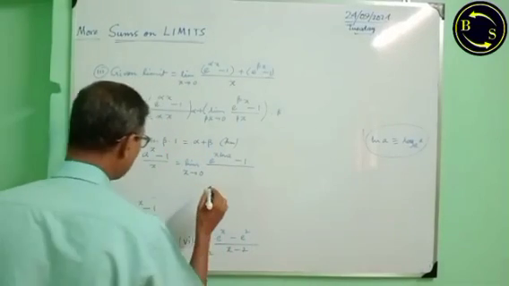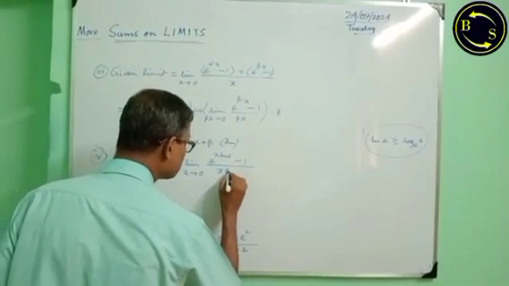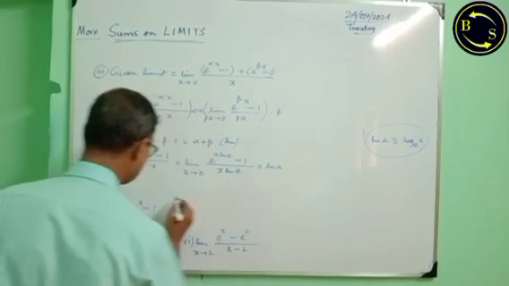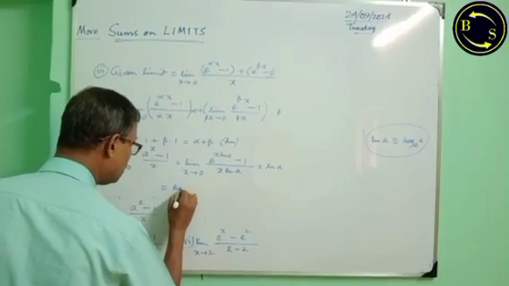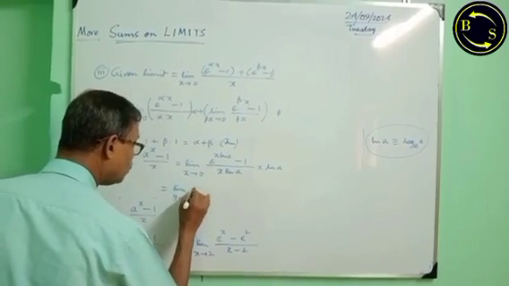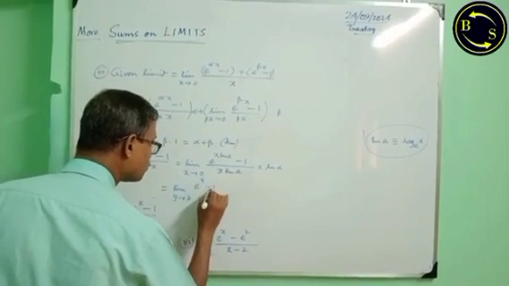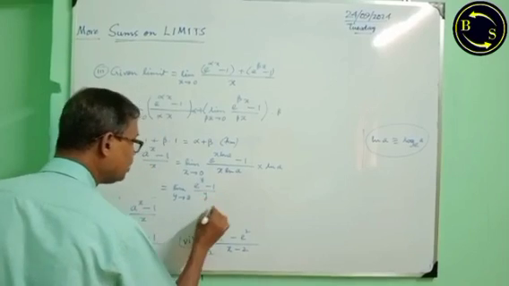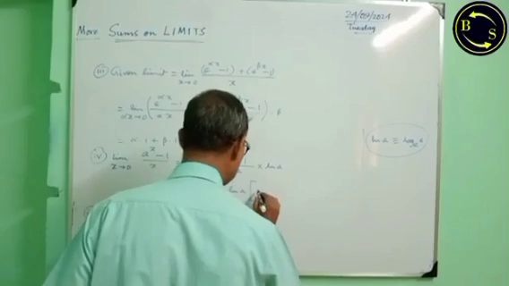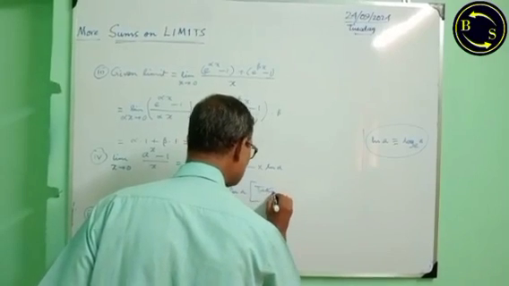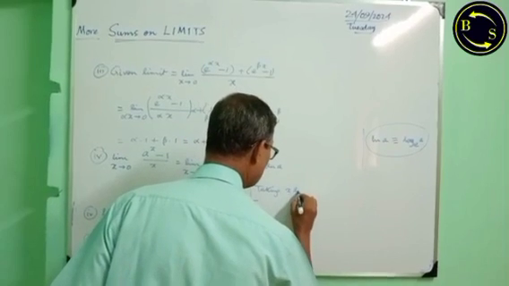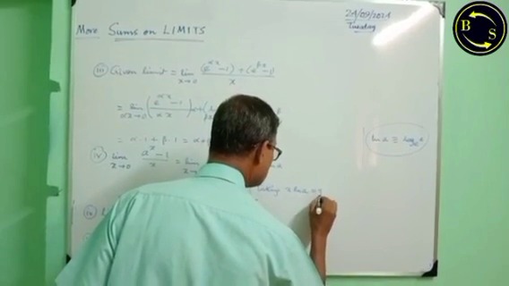Now, in place of x, I write x log a, whole into log a. Now, limit y tends to 0, e to the power y minus 1 by y, into log a. Here I have changed the variable taking x log a equal to y.